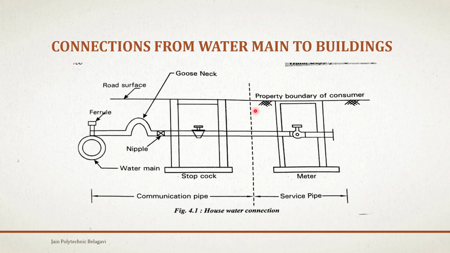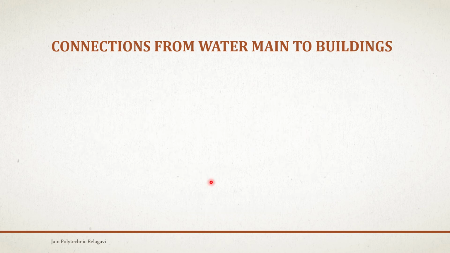After this, on the right side you will be having your own house and outside this it will be the main road where the main pipe will be running through. Next we will be understanding what these water mains are.